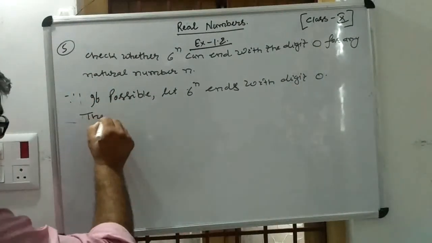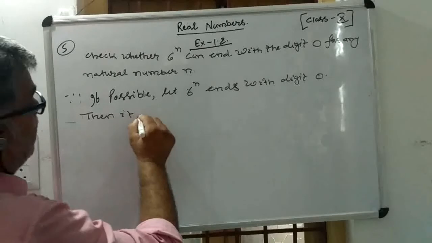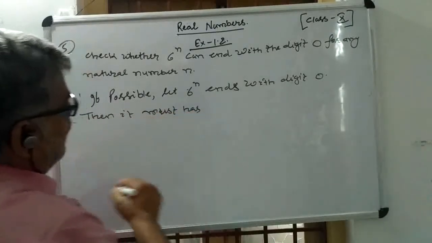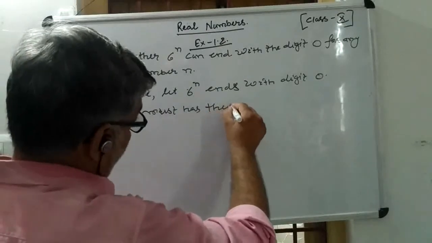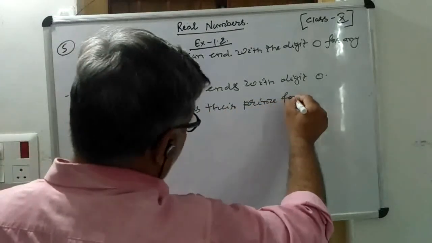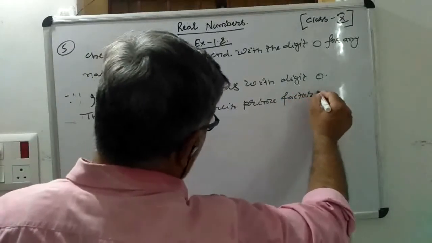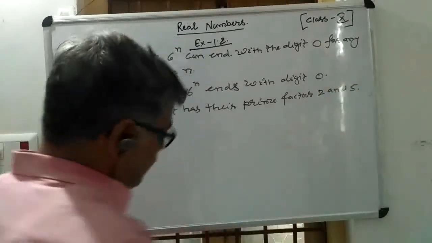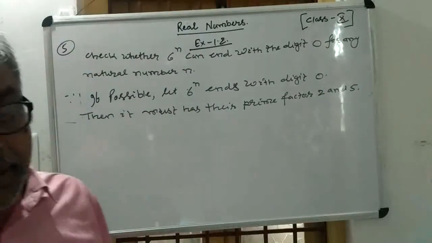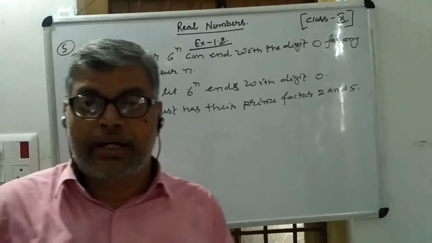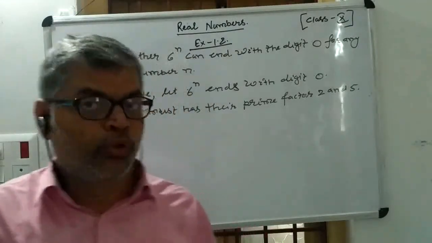Then it must have prime factors 2 and 5, because we know that a number ending with 0 must have the prime factors 2 and 5 both.